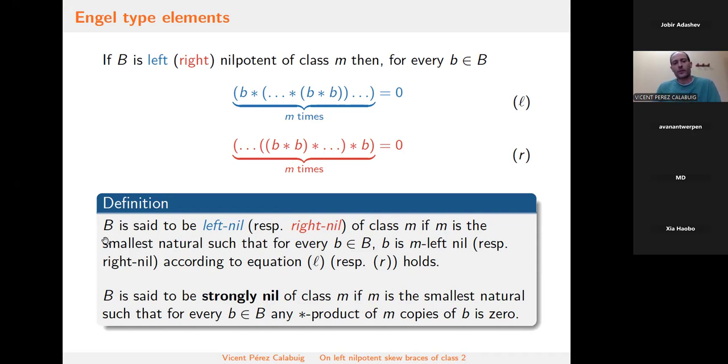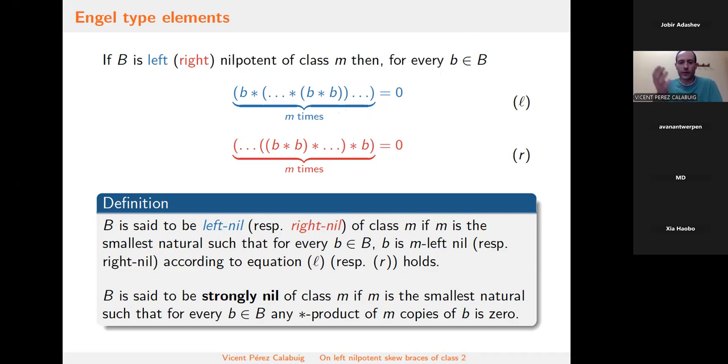Observe that if B is left nilpotent of class M, then for every element b in B, we have that the star product of b by itself, iterated on the left, is 0 after M times. And the same holds in the case of right nilpotent skew braces.